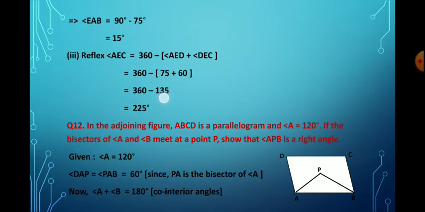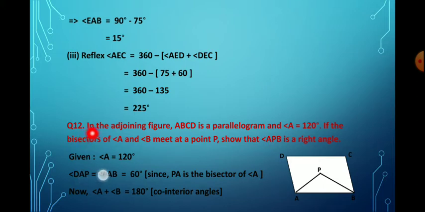So to find the reflex angle AEC, if I deduct angle AED and angle DEC from this, we will get the answer. So 360 degree minus angle AED plus angle DEC. So 360 degree minus 75 degree plus 60 degree. So 360 degree minus 135 degree equals 225 degree.